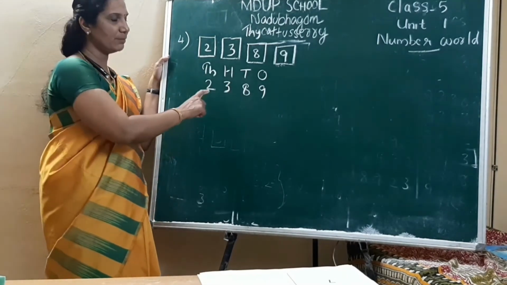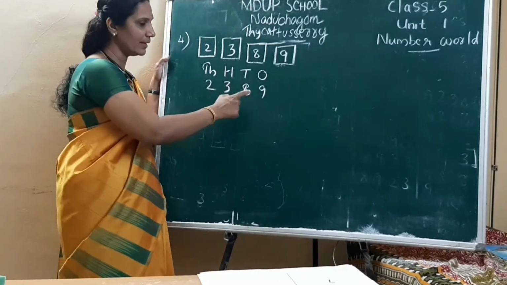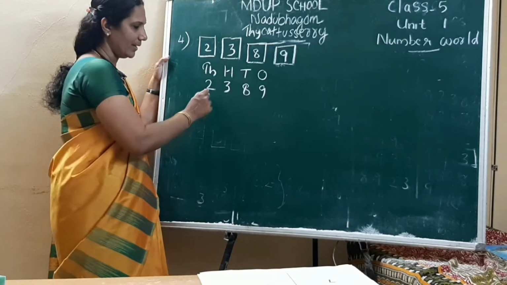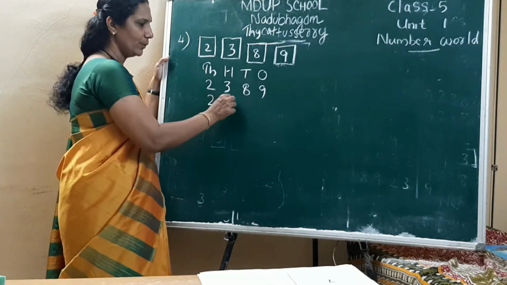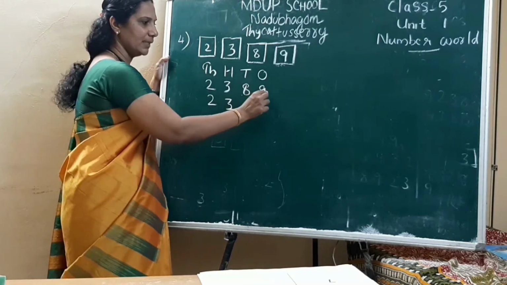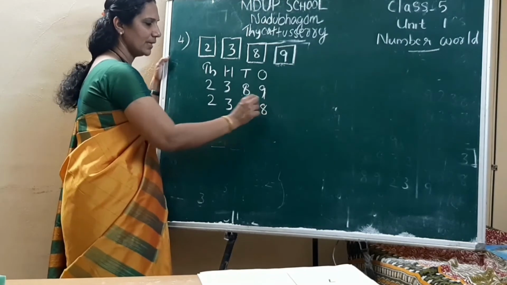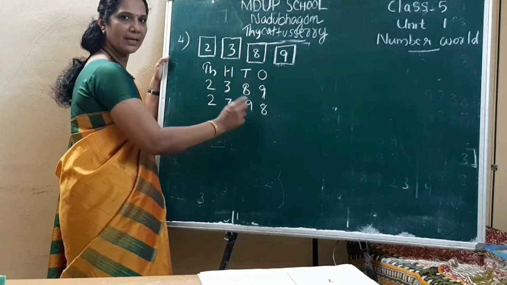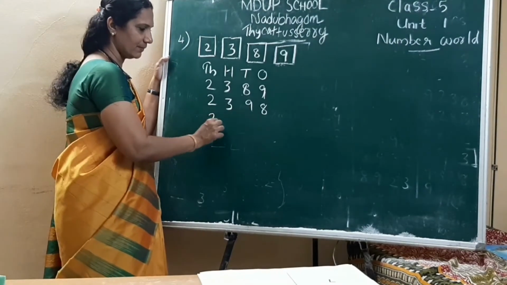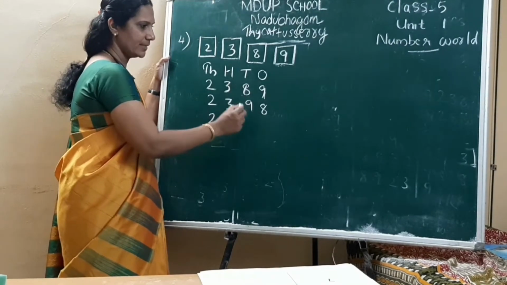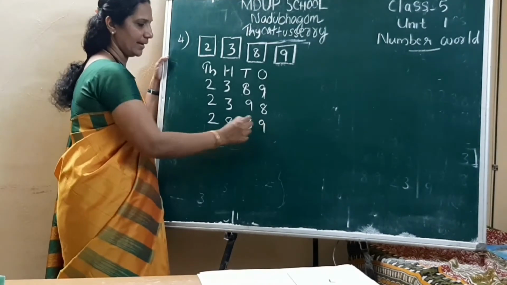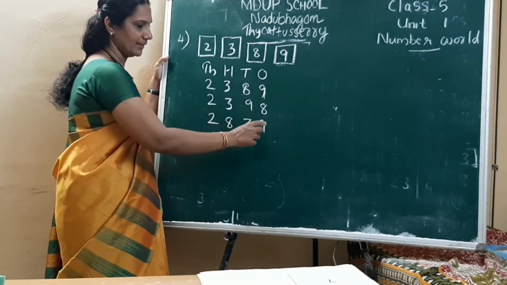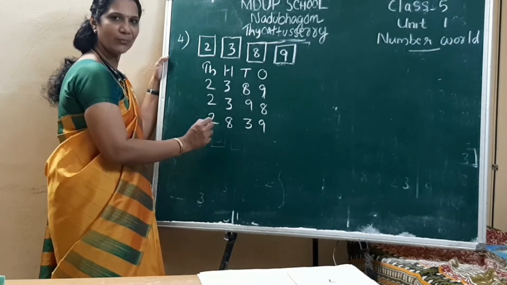You have the first number, 2389. Again starting with 2, 3 in the hundred place, interchange these two digits. You have the second number, 2398. Again starting with 2, 8, 3, 9: 2839. Clear, all of you?